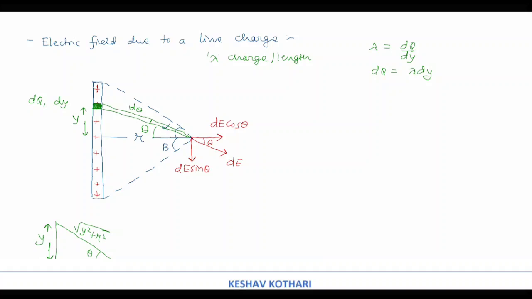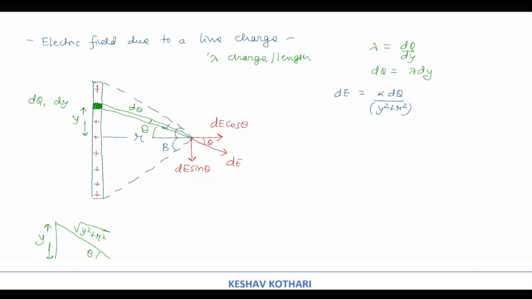So now I can write that the value of dE is going to be equal to k dq by the separation squared, that is y square plus r square. So this is going to be the value of dE, that is k small charge dq upon y square plus r square.